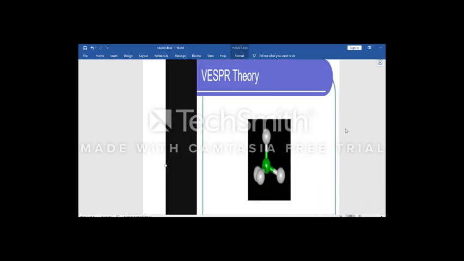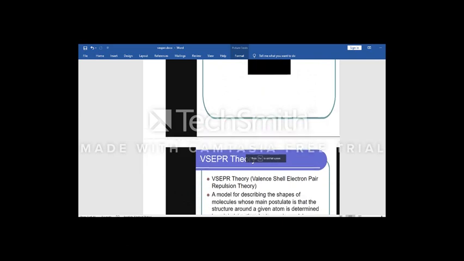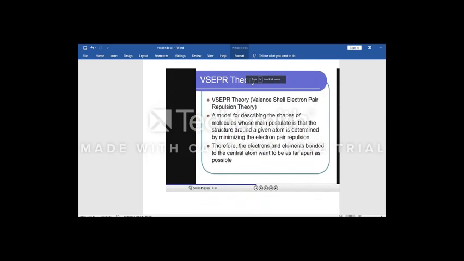Let's discuss VSEPR theory. As we see, VSEPR theory is valence shell electron pair repulsion theory, a model describing the shapes of molecules whose main postulate is that the structure around a given atom in a molecule is determined by minimizing the electron pair repulsion.